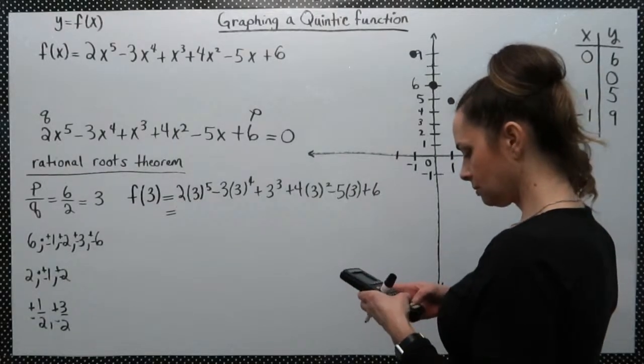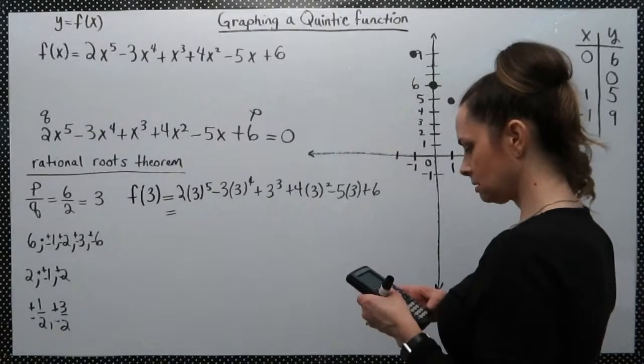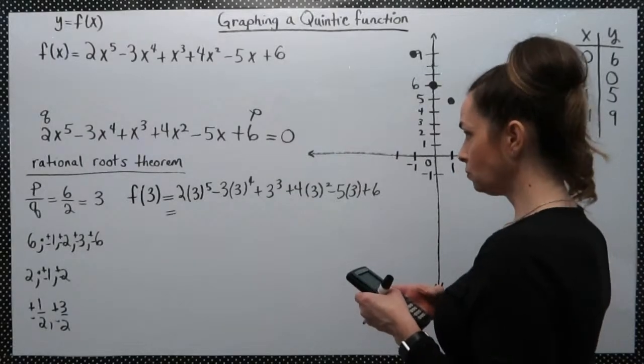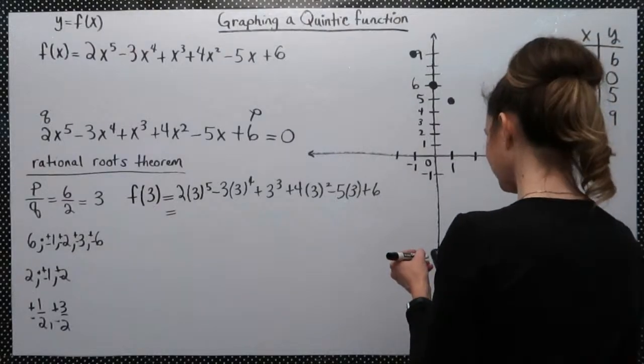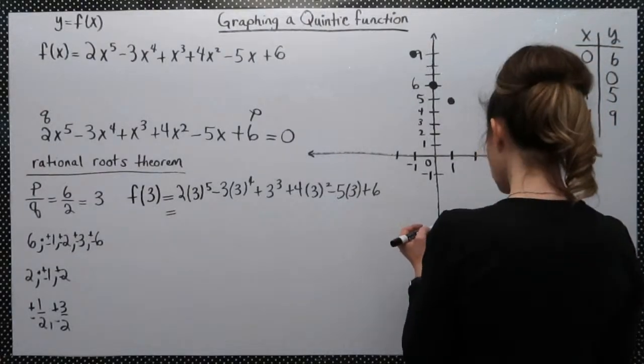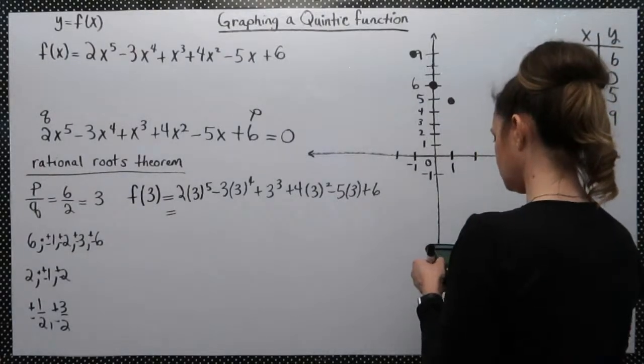And putting 3 in for x. All right. Ooh. 3 is definitely not it, it's saying 297.